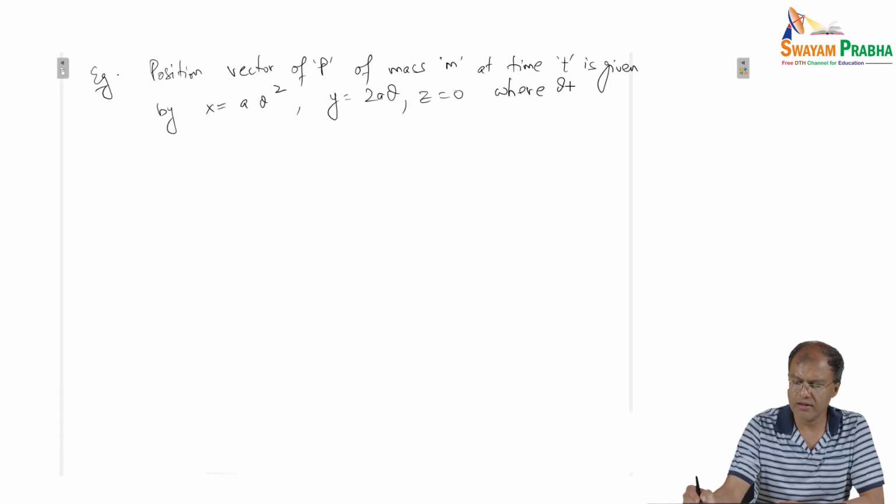So theta is our variable. Theta is theta of t, where t is the time, the independent variable.